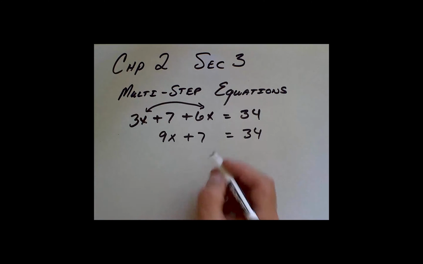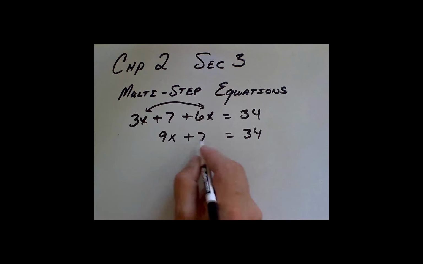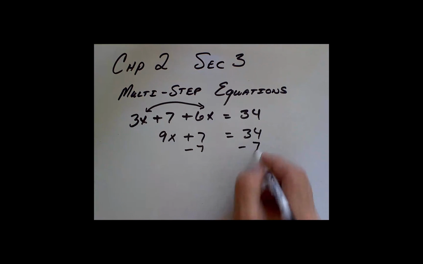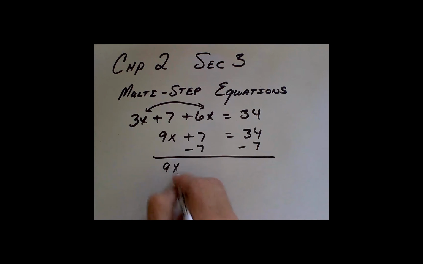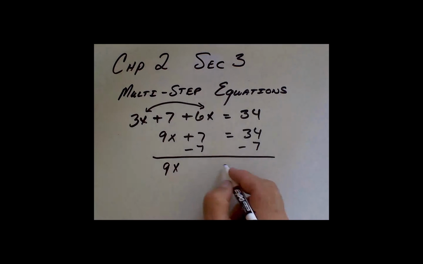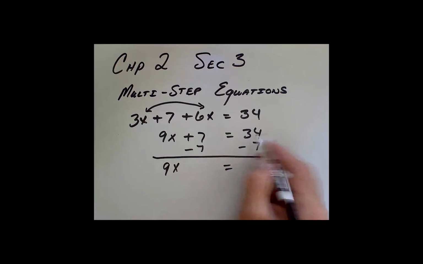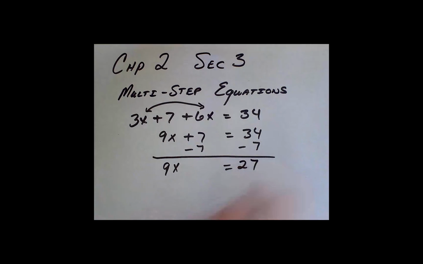Well, let's continue on. We know we can do the additive inverse here. So we have a plus 7, let's make it a minus 7. We do it on one side of the equal sign, we have to do it on the other. Carry our 9x down, equals, this goes to 0, equals 27.